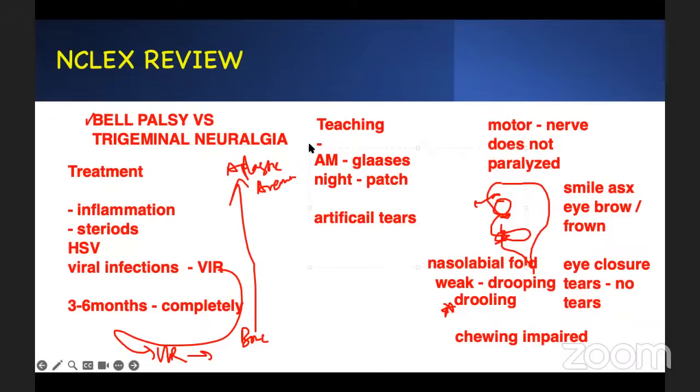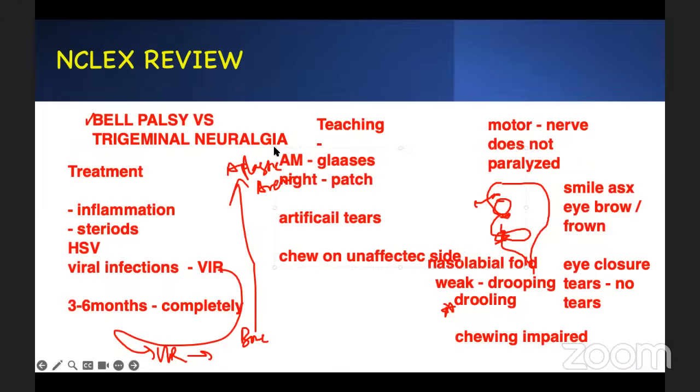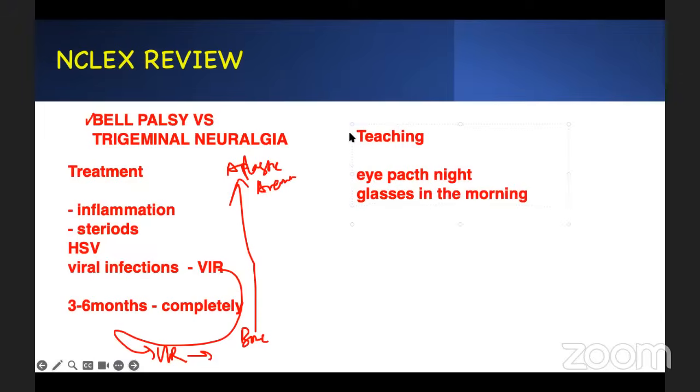Because they're drooling, you would want them to keep on chewing, right? So I want you to chew on the unaffected side. Chew on the unaffected side.